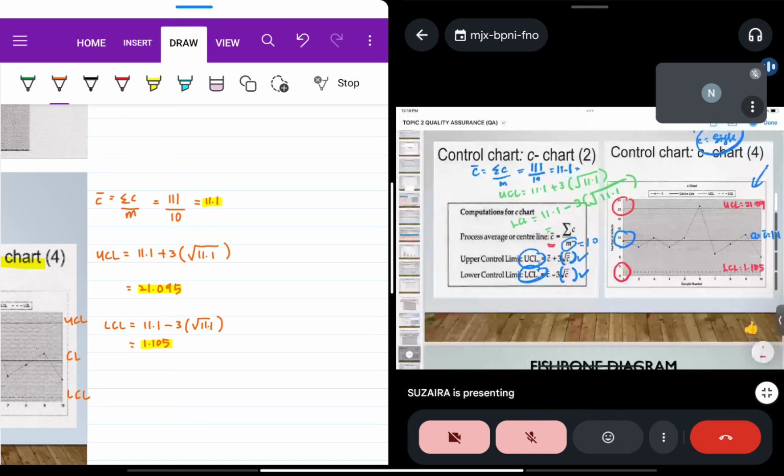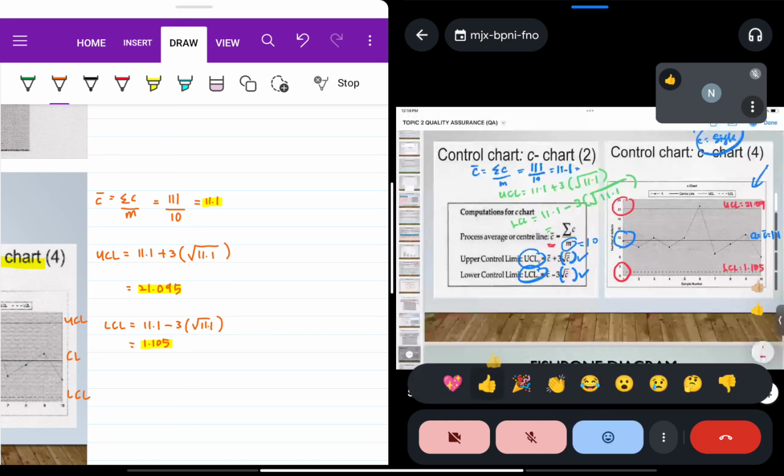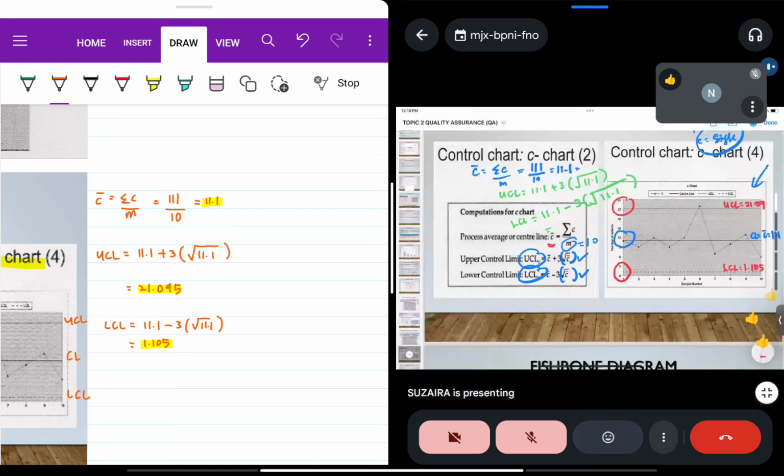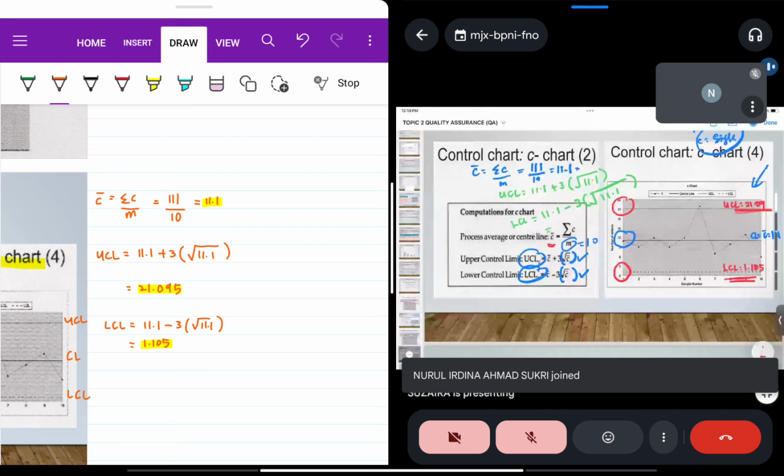Thumbs up, thumbs down. Thumbs up. Okay, so here you got 1.105 for the LCL and the UCL is 21.09. Now you already have the range.